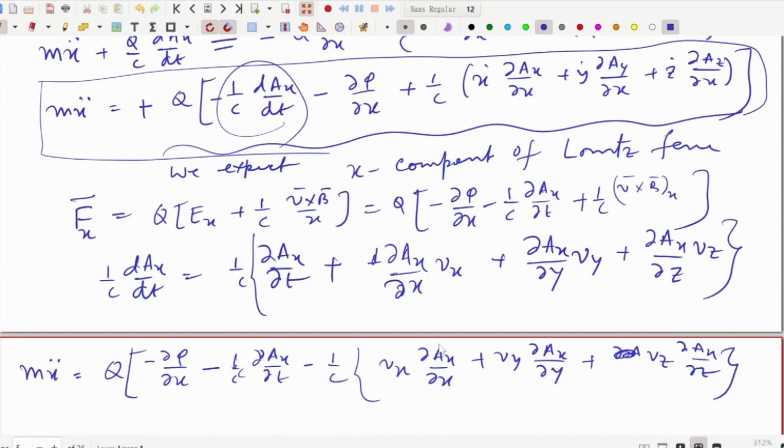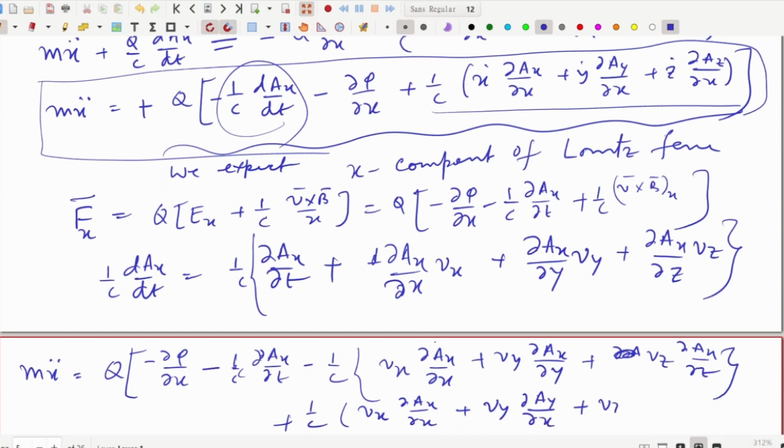And there are remaining terms. Let us see the remaining terms. We have 1 over c, x dot is v x, so v x ∂Ax/∂x plus v y ∂Ay/∂x plus z dot is v z ∂Az/∂x.